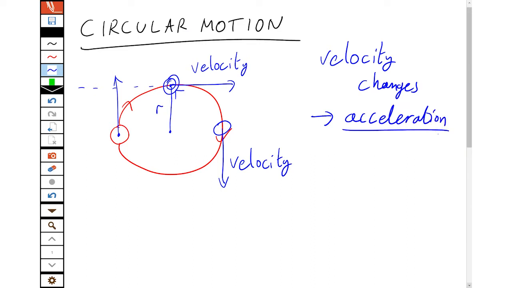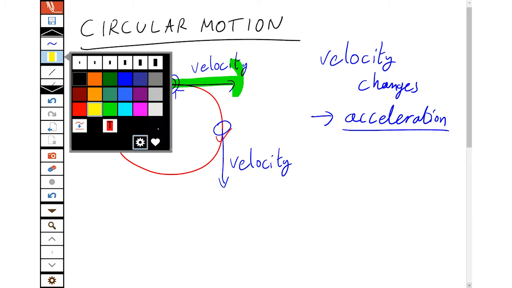Remember, in conversational English, we think of acceleration just as speeding up, but in physics, acceleration is speeding up, slowing down, or changing direction. And these objects are changing direction, and if we look at how it's changing direction, it was going up, now it's going to the right.